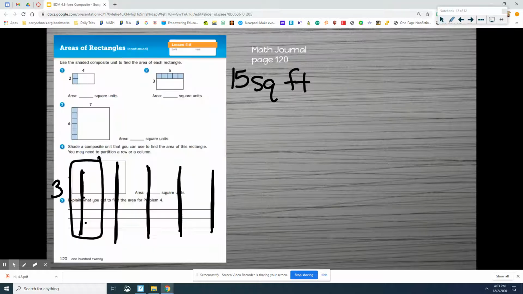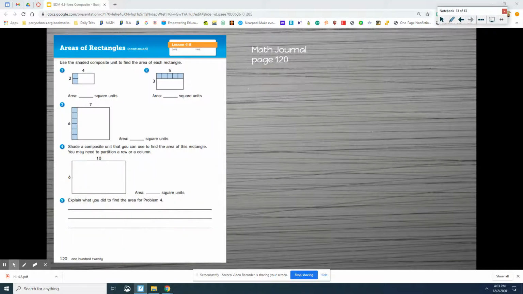Okay, let's look in our book at page 120. Make sure you are on page 120. And we're going to find the area of these shapes. Now, number 1, I don't have all of the cubes colored in, but I do have this short side colored in.